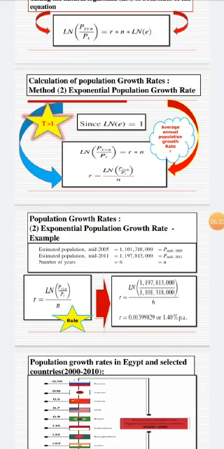We use the rule: R equals ln of population size in year 2011 divided by population size in year 2005, all divided by n, which is here 6, and R equals 1.4%. 1.4% is the average annual growth rate. That means in this period of time, each year population will increase by this growth rate.